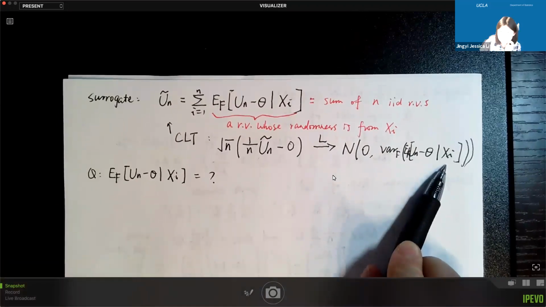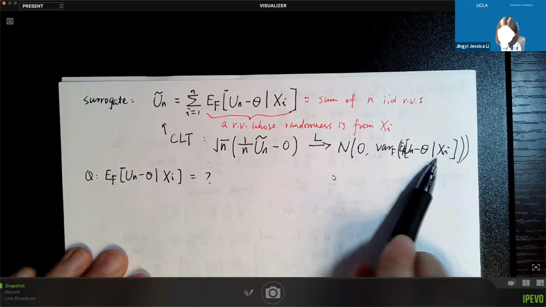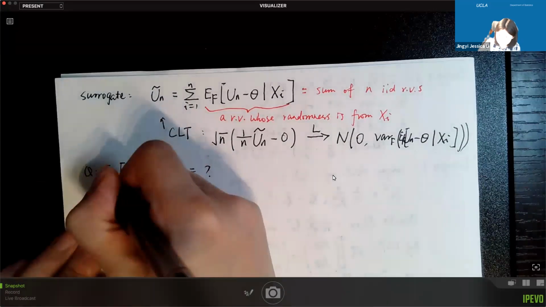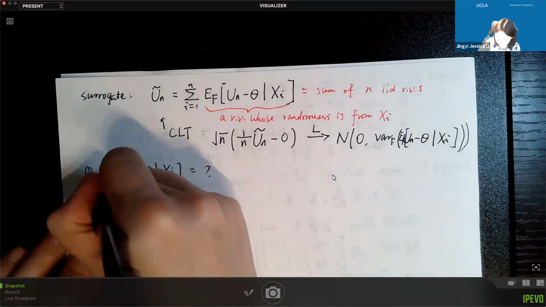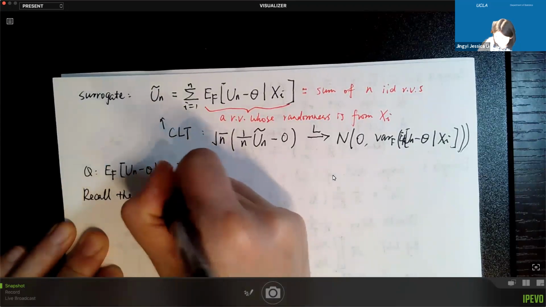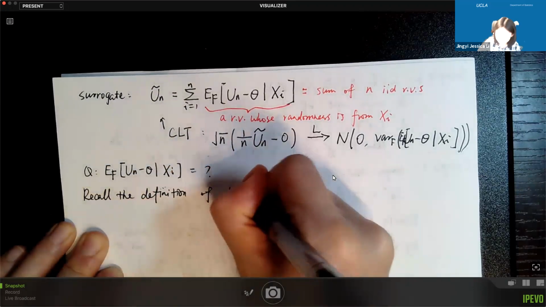We call this a lemma in the notes, but I'm just going to do the calculation here without calling it a lemma. In order to show this, we need to go back to our definition of the U-statistic. So recall the definition of U_N.